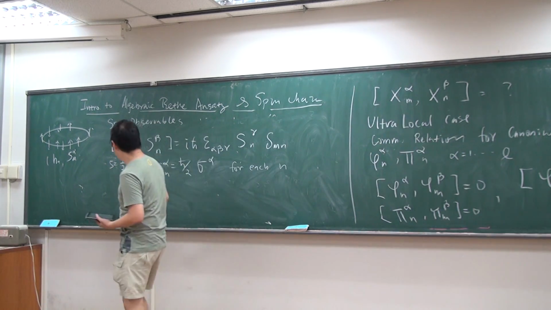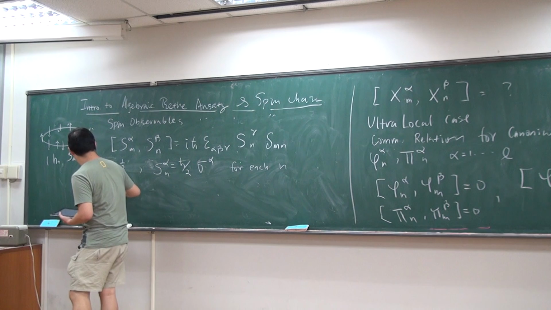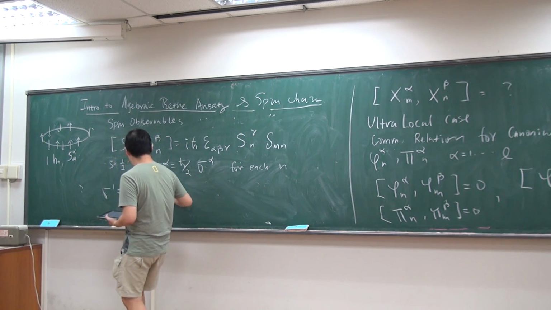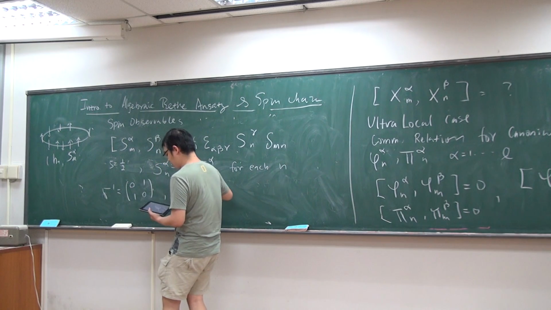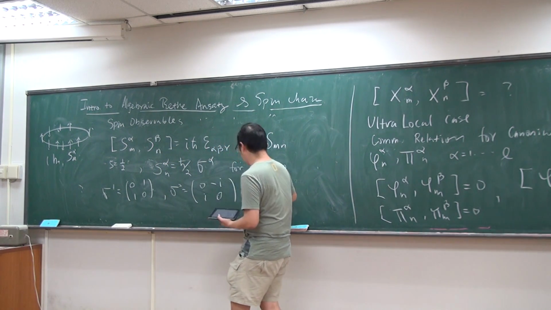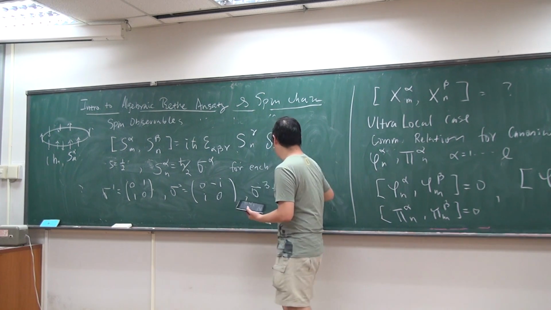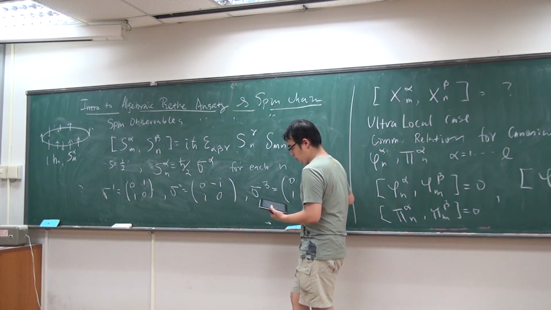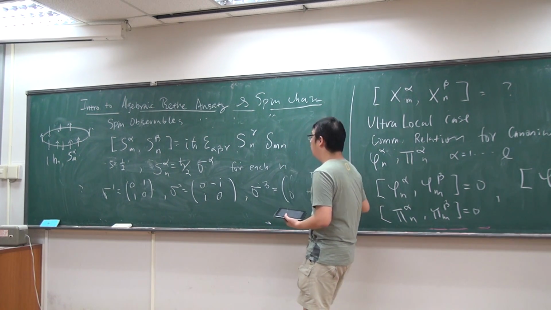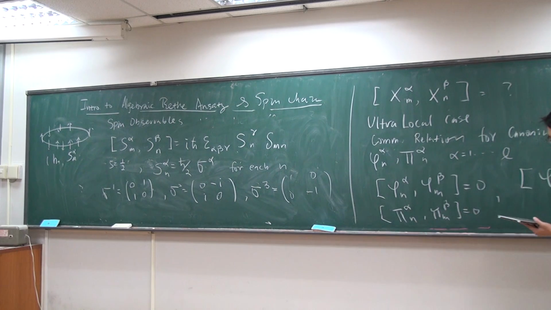So those are 2 by 2 matrices. This is one particular representation which we'll be using in this lecture.